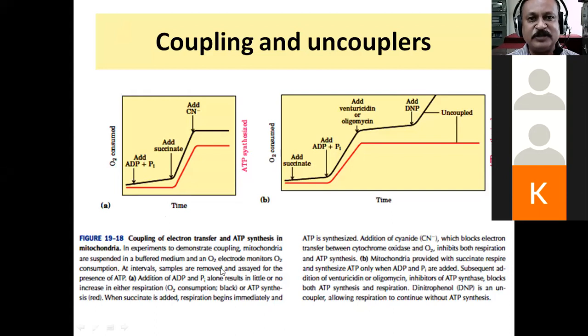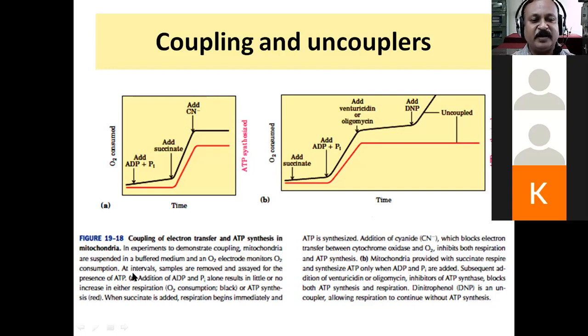Do you know what an oxygen electrode is? It is a device which can measure oxygen. This electrode is connected to a detector, and whatever oxygen is consumed in that buffer can be determined using this oxygen sensor.